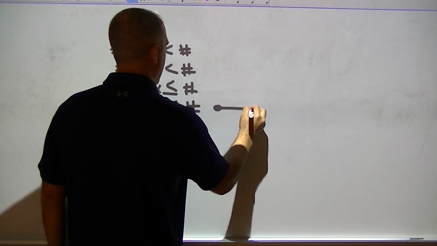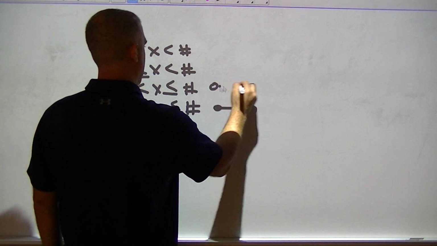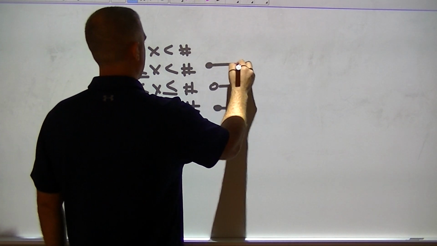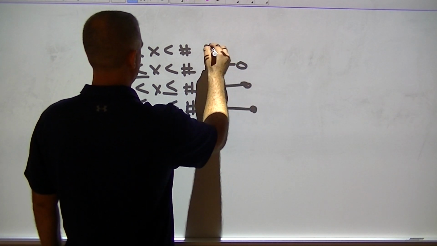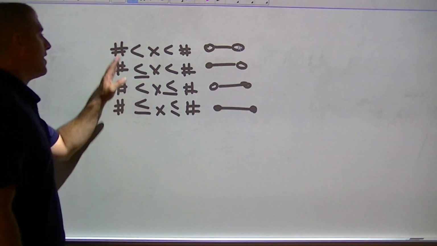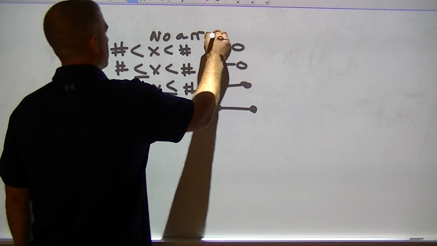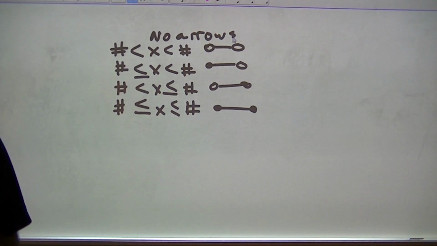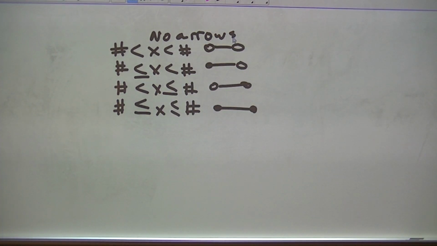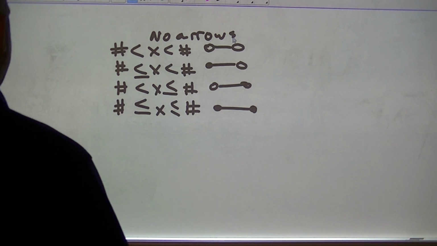okay, what you have, this is what it would have to look like. All right, so if you got number, bottom line is no arrows. So if you're looking at a section here, the big part of it is understanding that you have no arrows.